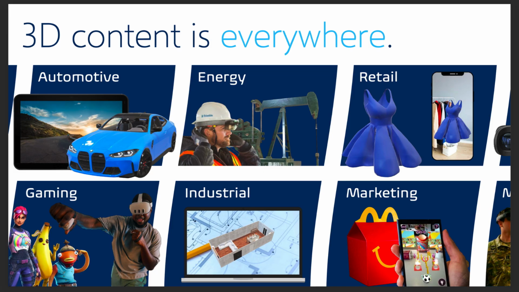Today, 3D models and digital twins are used across virtually every industry, from automotive, oil and gas, manufacturing, to retail and e-commerce, marketing, gaming, and even defense. Many organizations already maintain large libraries of 3D assets and scans, using them for everything from marketing and training to product development and beyond.